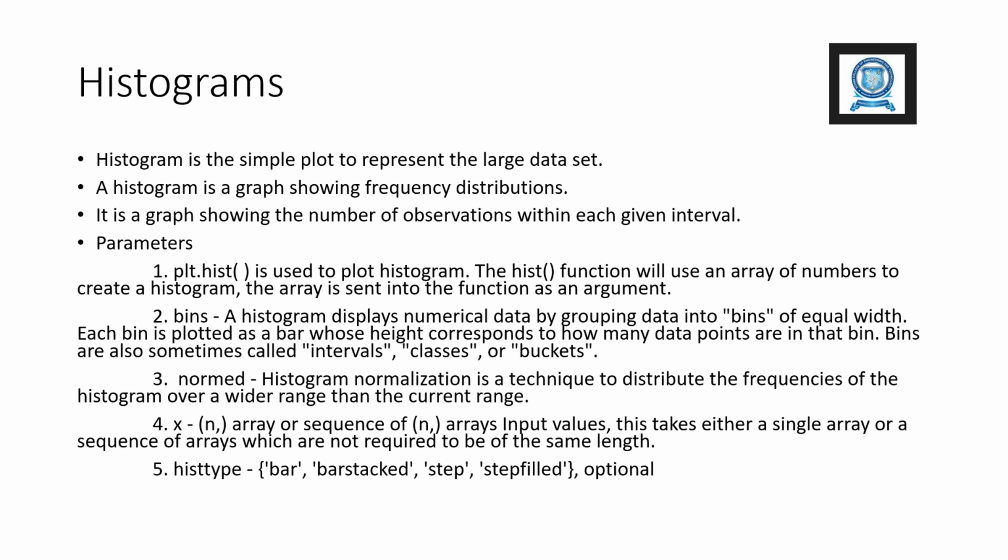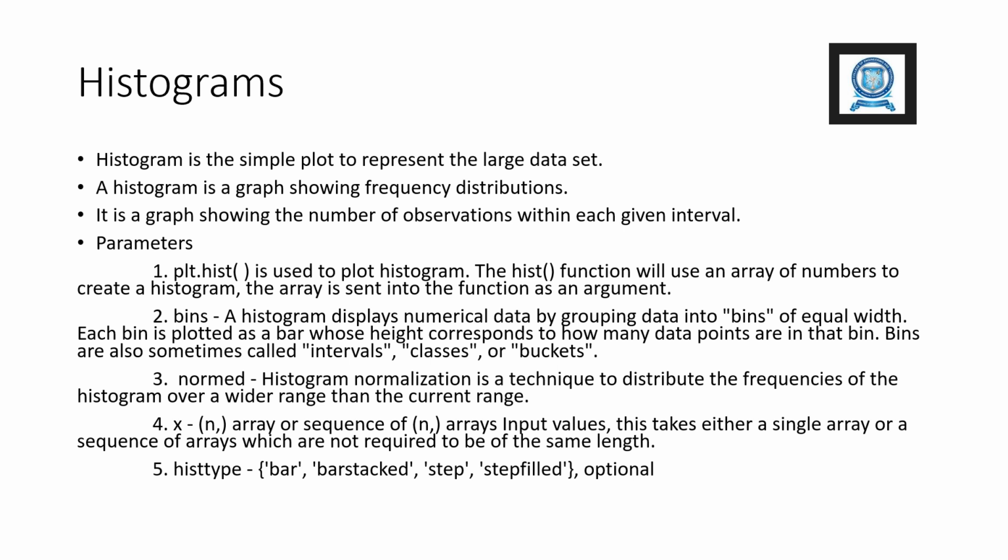Bins. A histogram displays numerical data by grouping data into bins of equal width. Each bin is plotted as a bar whose height corresponds to how many data points are in that bin. Bins are also sometimes called intervals, classes, or buckets.